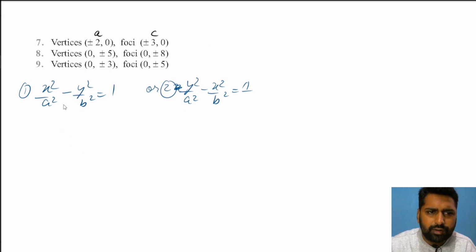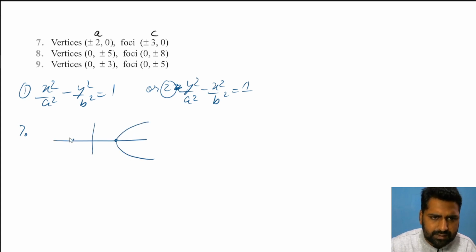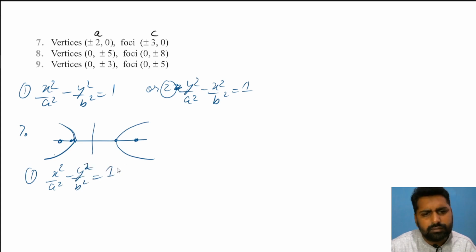If you roughly draw the 7th question's hyperbola, the vertices are on the x-axis, so it will be like this. Focuses are also on the x-axis. Now for this we'll use the first equation, x square by a square minus y square by b square equal to 1. This is what you have to learn now.